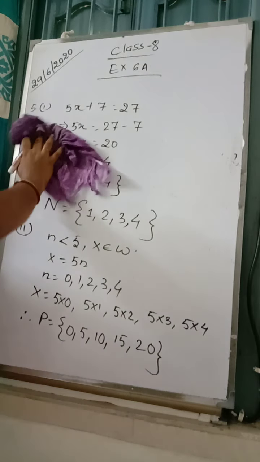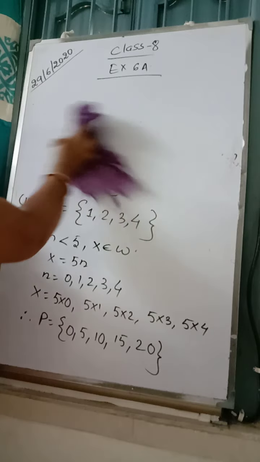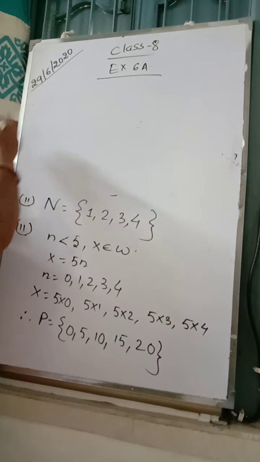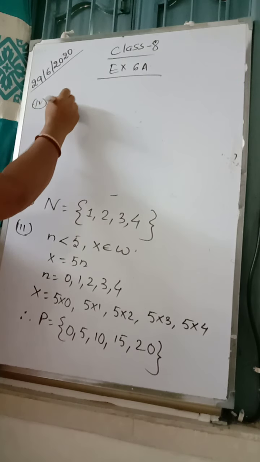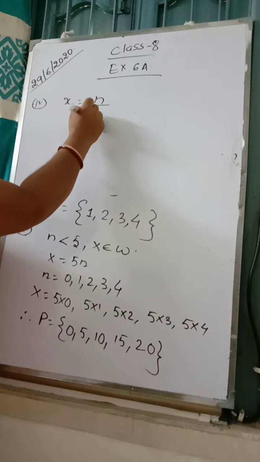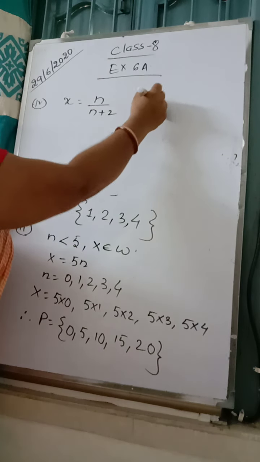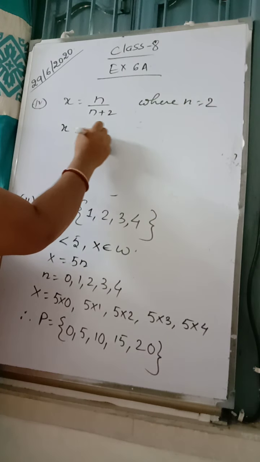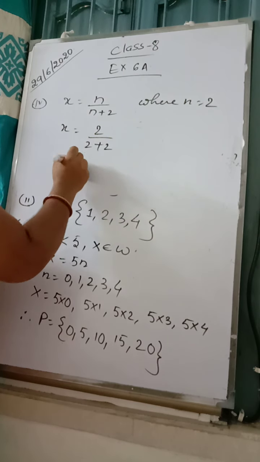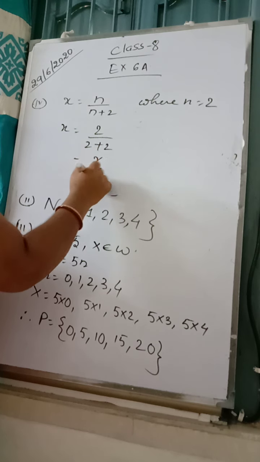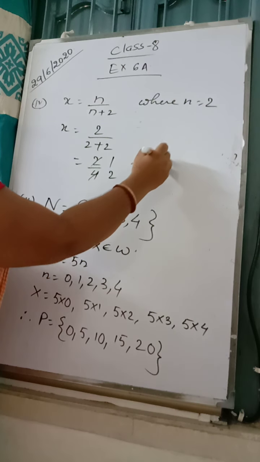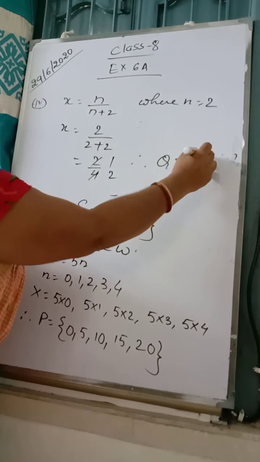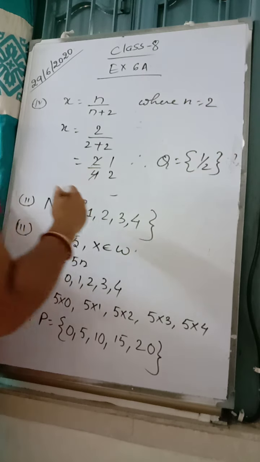Number 4, x is equal to n by n plus 2, where n is equal to 2. So x is equal to 2 by 2 plus 2, 2 by 4 or 1 by 2. So that's what Q is equal to 1 by 2. This is for number 5.